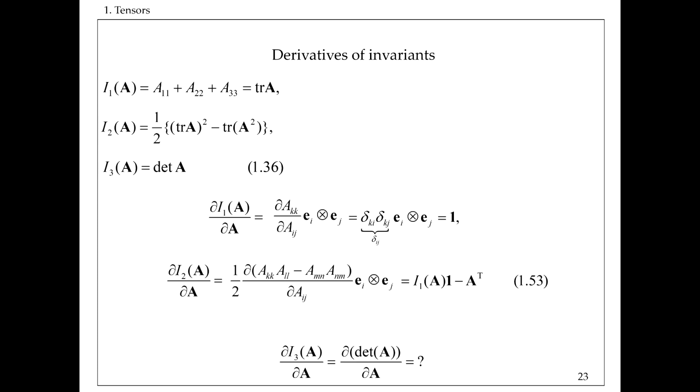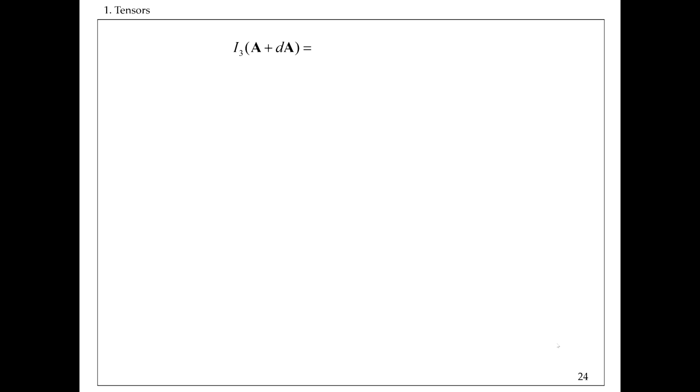So to that end, what we are going to do is the following. We look into that invariant, the third invariant, the determinant, and it's very similar to what you would do when you work with scalars. Assuming that there is a function y of x, for example, you want to calculate how that function y changes at the point x plus delta x.